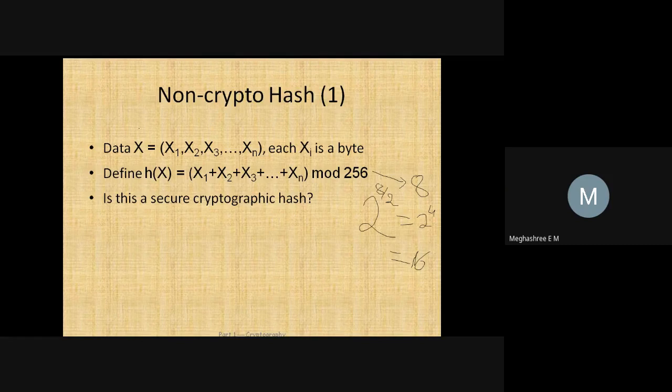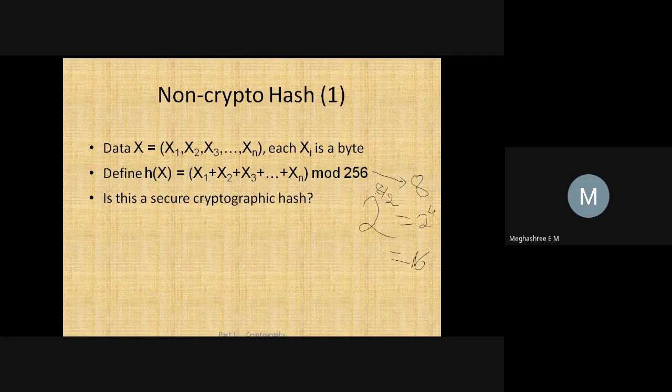I'll repeat: consider this is the data on which I'm performing the hash function, and this is the hash function I'm applying. According to the birthday problem, 2 power of n divided by 2 tries will give you a collision.